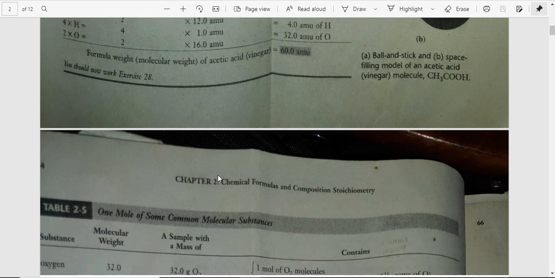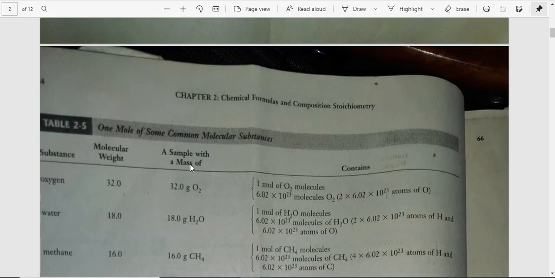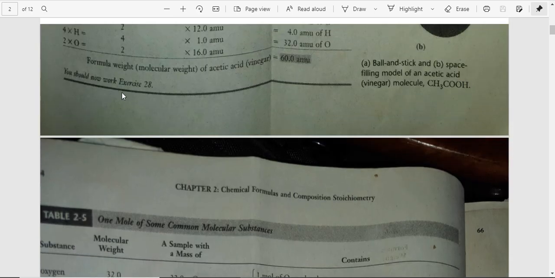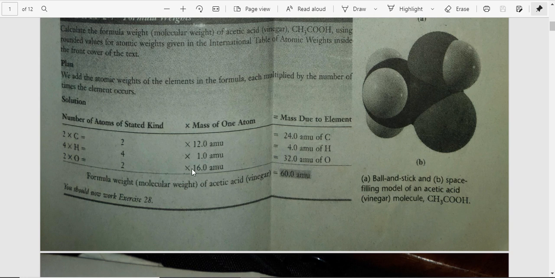Okay, next topic would be 1 mole of some common molecular substances. In every substance, you have your oxygen, water, methane, sugar, or sucrose. For your oxygen, the molecular weight is 32. Above, one atom of oxygen is 16.